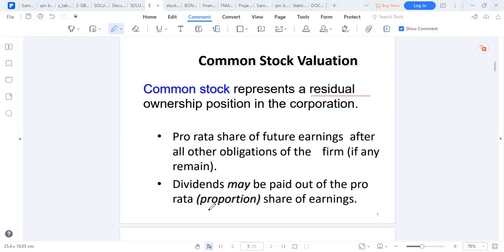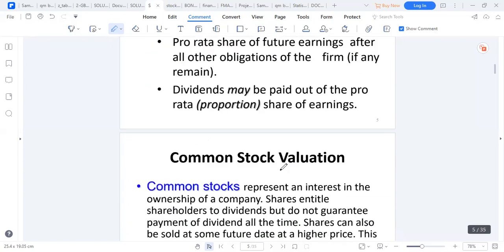Okay, so if we've gotten that, we must also understand that common stockholders are paid on what is called a pro rata basis, meaning their earnings are given after other obligations of the firm are met. So the dividends may be paid out on a proportion basis of their earnings.